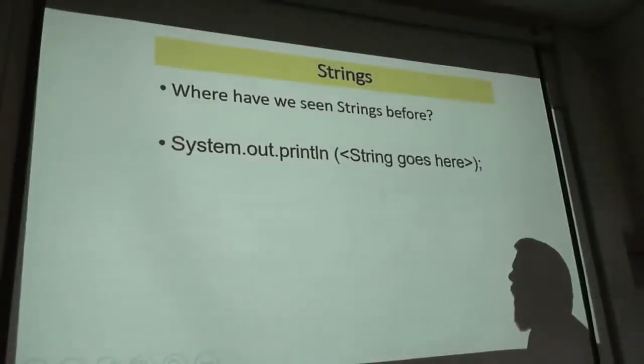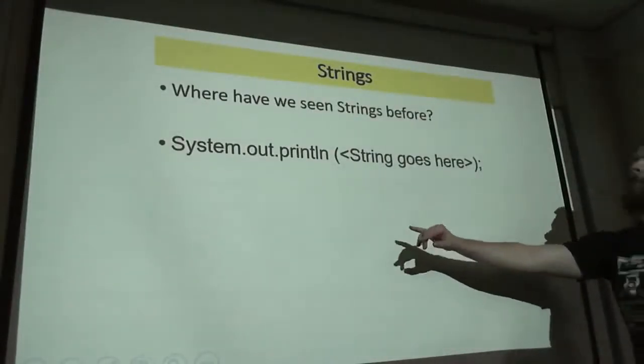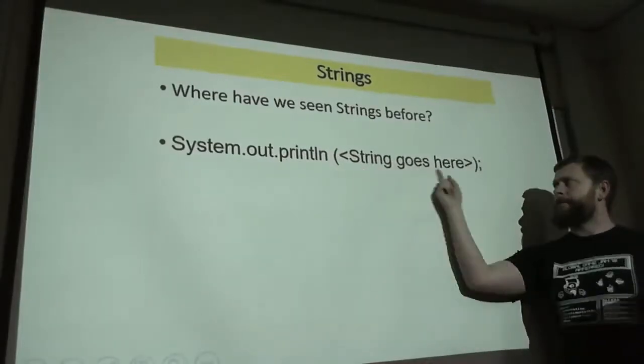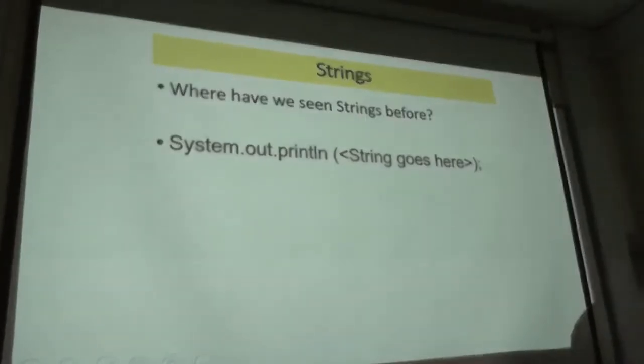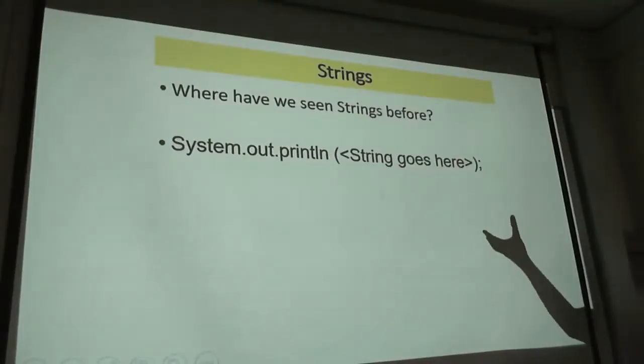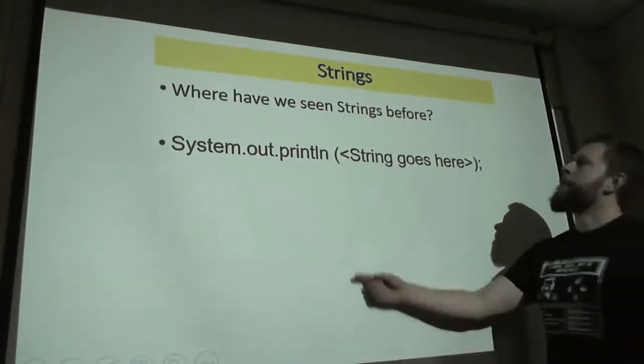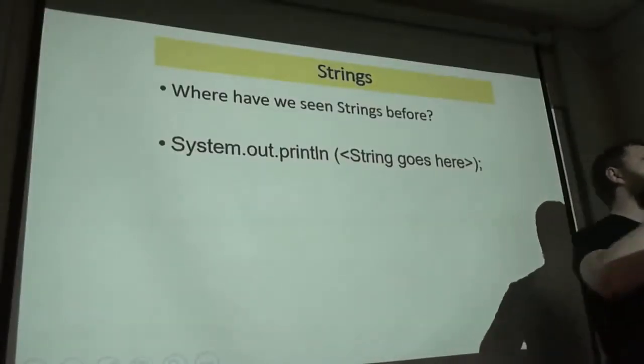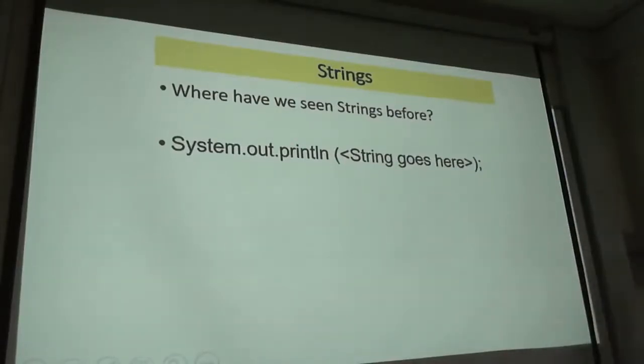Where have we seen it before? We have seen it at the very beginning in our public static void main, but we've also seen it where we have our System.out.println, and our string would go inside. And whatever we had in there, whether we had something in quotation marks, hello world, or we had concatenation of "the answer is" and then the variable answer, which might have been an integer, or we just had 3 plus 5, in all of those scenarios, the way this works is it's all eventually calculated and converted to a string data type before it gets pushed to the screen.